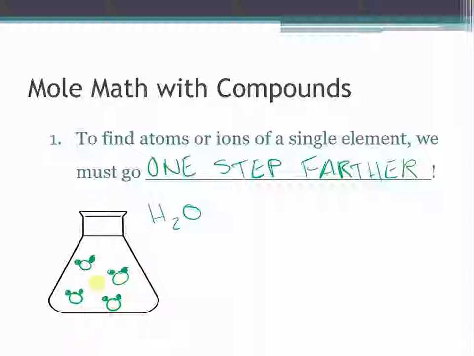So for example, in this particular flask, we have 4 molecules of H2O. So in this particular instance, we can just count them. It's easy to count them up, 1, 2, 3, 4.